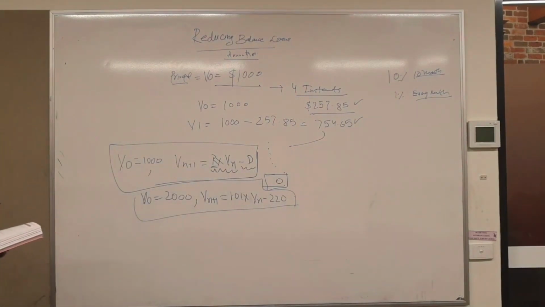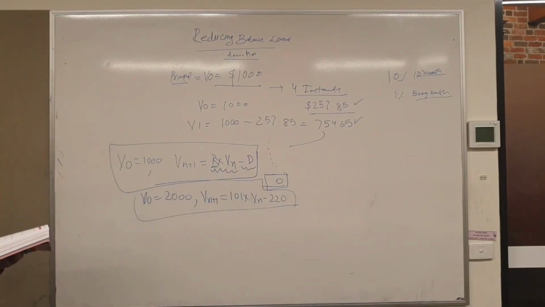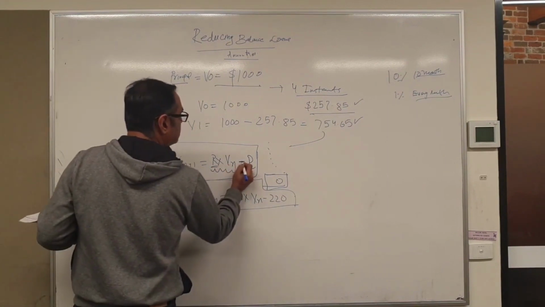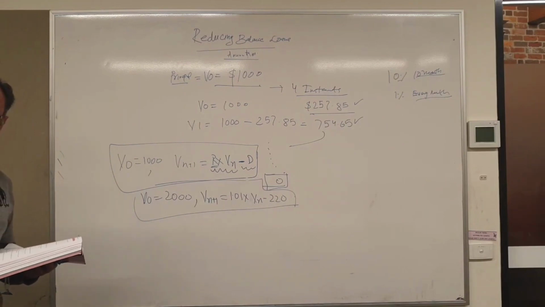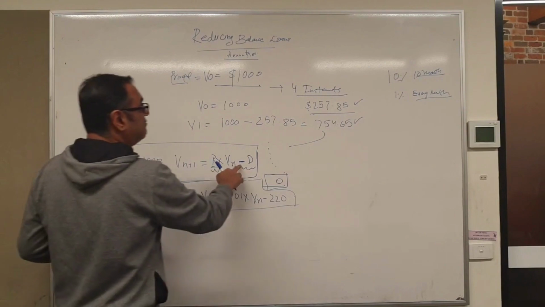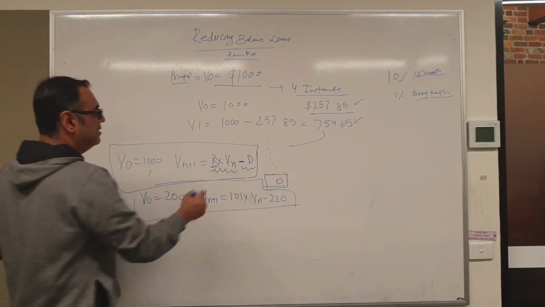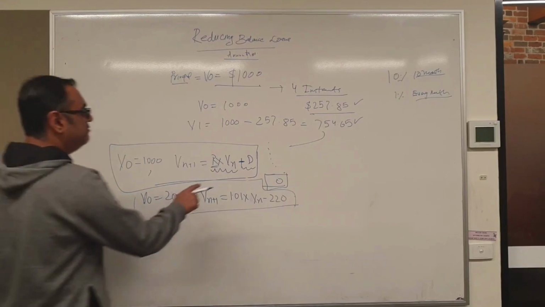So you've got a mix of two here. When you're talking about paying back your loans, this is always a minus because eventually your loan will come down to zero, so you have to decrease your payments. But then if this is an investment, then it's a plus, right? That's the only difference.